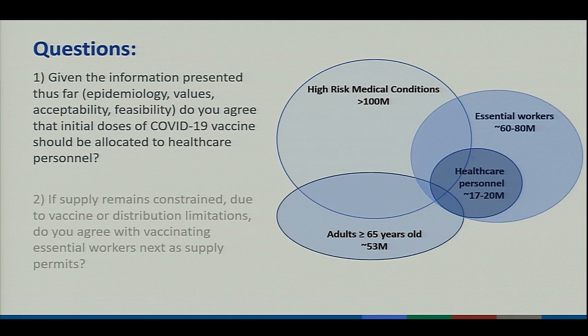Thank you. So I have a question, and then I'll try and answer your first question. My question is, has the work group considered regional distribution of vaccine based on or guided by local prevalence of disease?